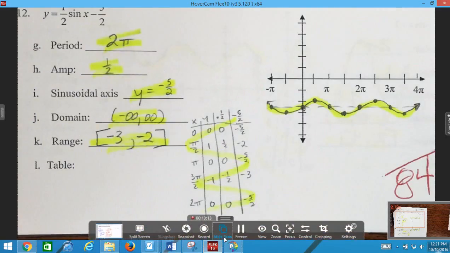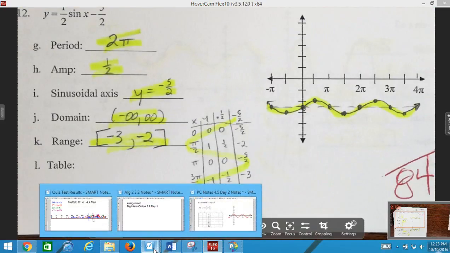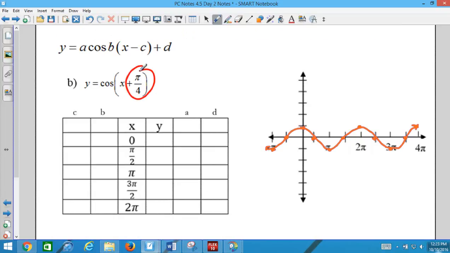You guys try this. So again, we always do the opposite. If it's in the parentheses with the x, we always do the opposite. So we're going to be subtracting pi over 4 for each value. So we're going to have negative pi over 4. And then pi over 2 minus pi over 4 is pi over 4. We take pi, we subtract pi over 4, 3 pi over 4.